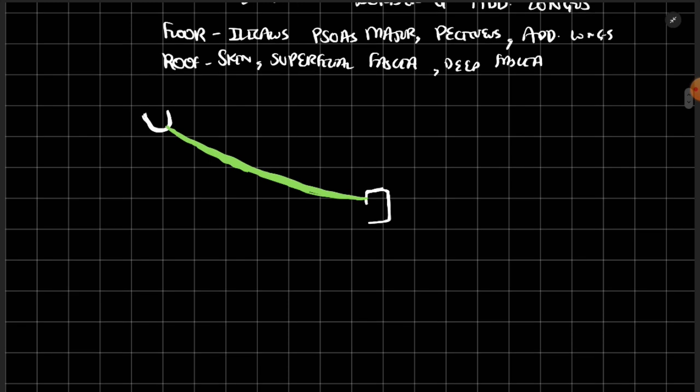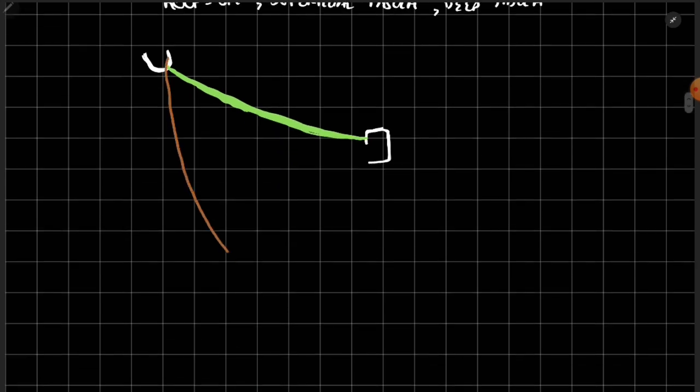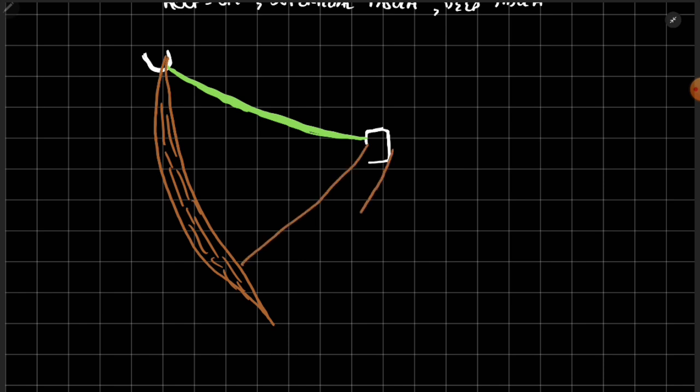We have said the apex is the meeting point of the medial border of sartorius and the medial border of adductor longus. So let me draw the sartorius. How to draw it? Sartorius extends from the anterior superior iliac spine and goes to the knee joint. Okay, somewhat like this. It is also known as the tailor's muscle. Somewhat like this will be the sartorius, and the adductor longus, one attachment is like this and somewhat like this.